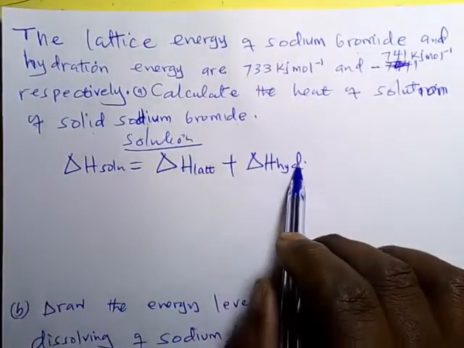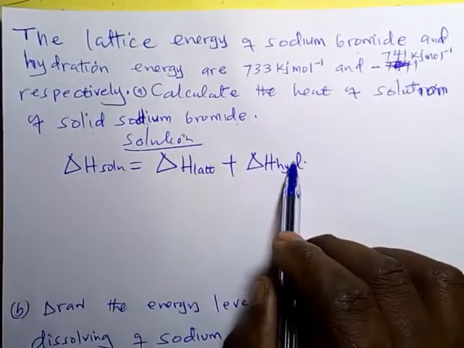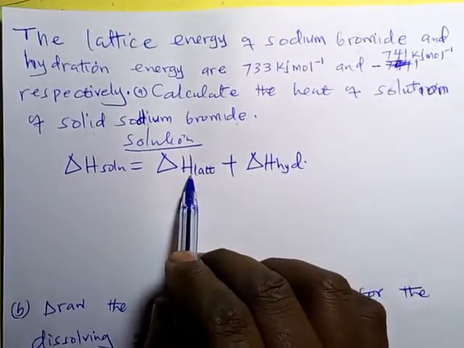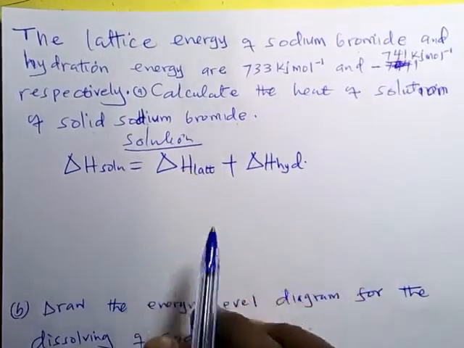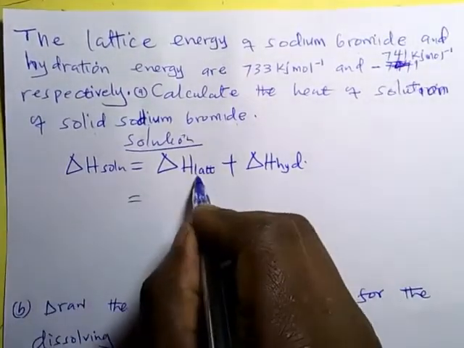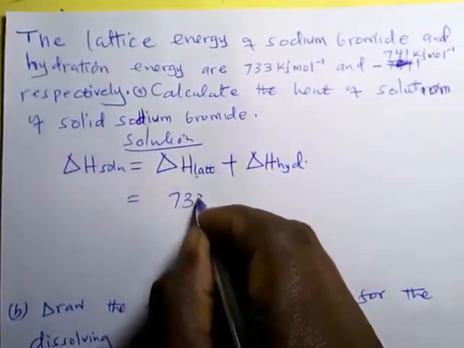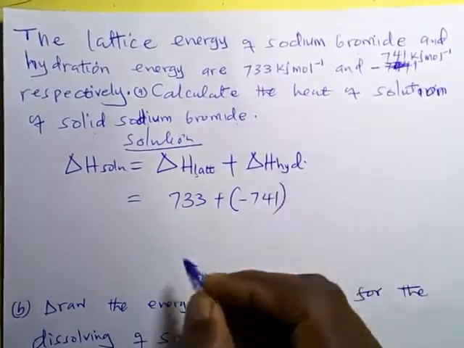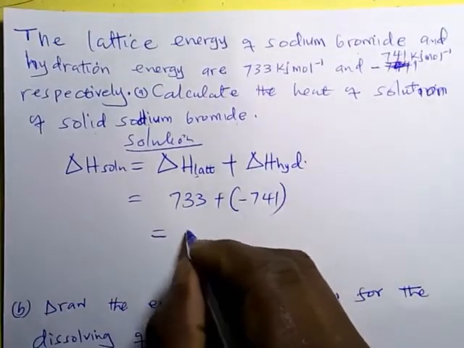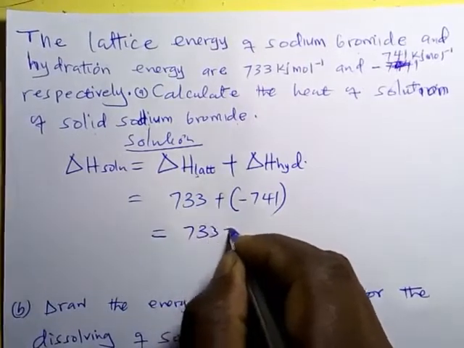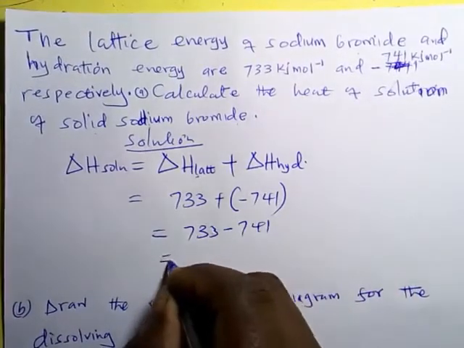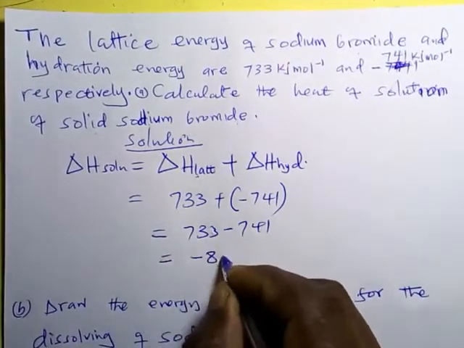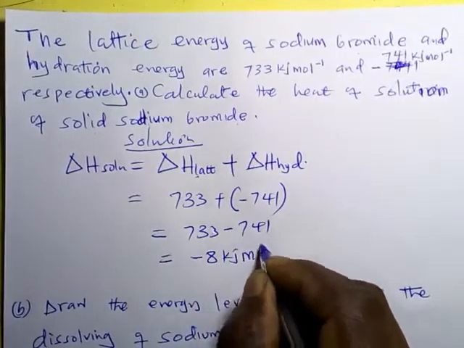Remember, hydration energy is always exothermic, negative. Lattice energy is bond breaking, which is positive. So we have 733 minus 741, and the overall is negative 8 kilojoules per mole.